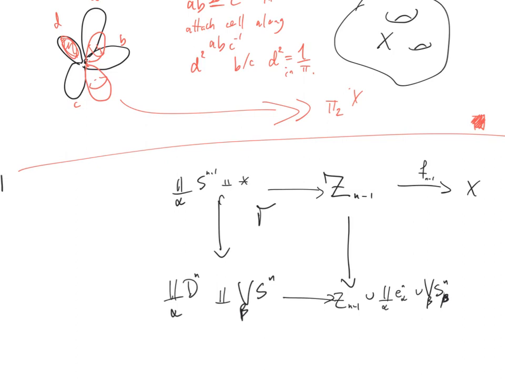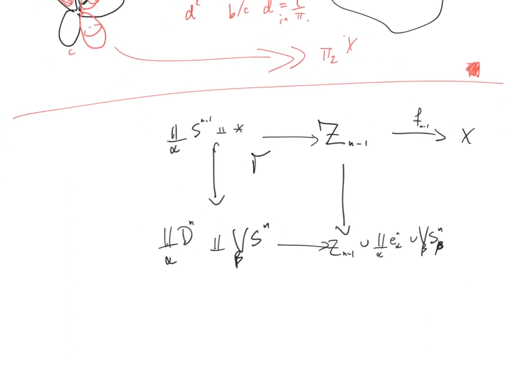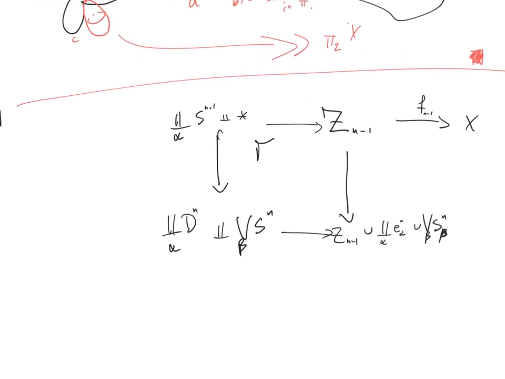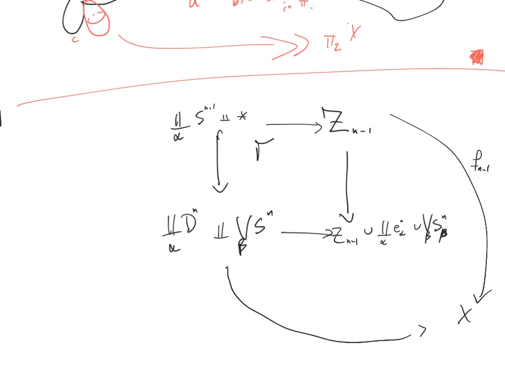But then to get the map into X, I need to tell you what the map is doing on both D n and S n in the lower corner. So let's scroll down a little bit. I feel like it is more traditional to write X down here. So the data we have is F n minus 1. And then we additionally know what the map is doing over here.